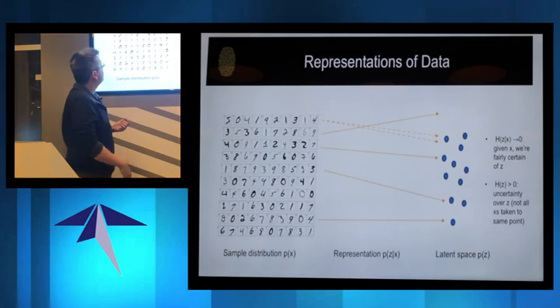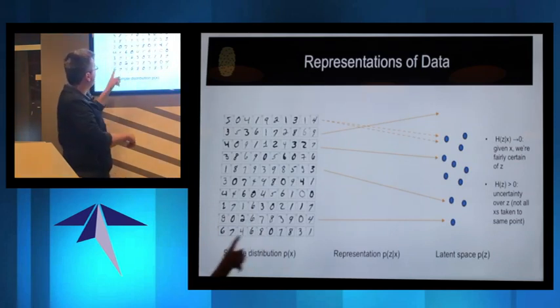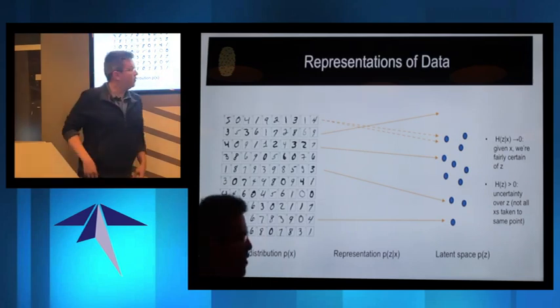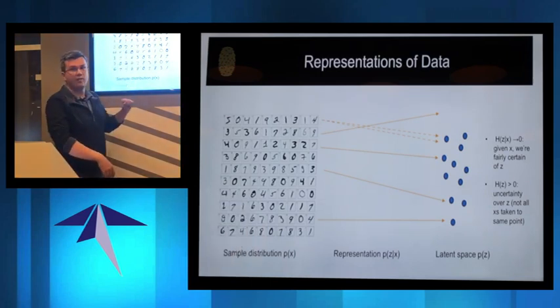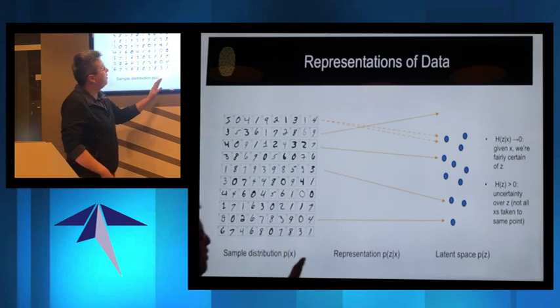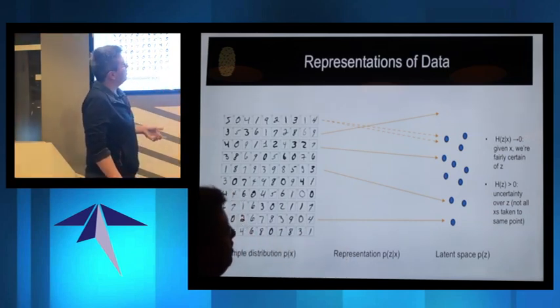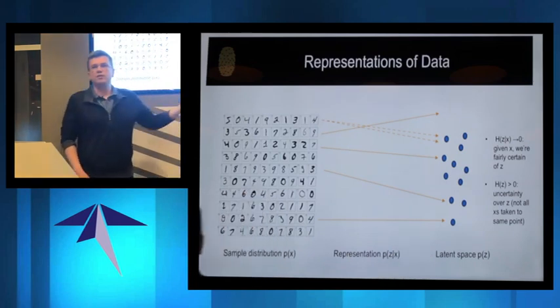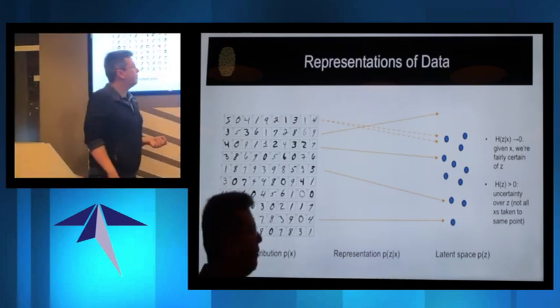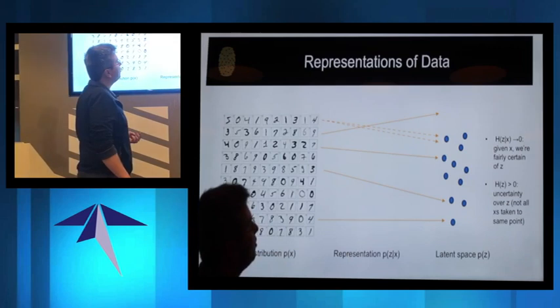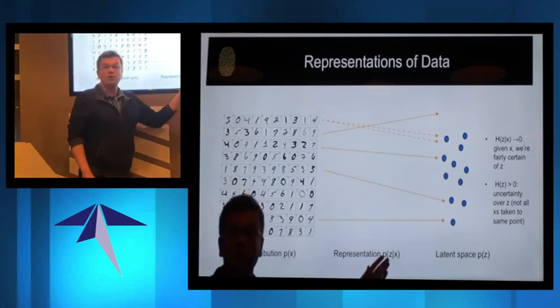This is an example. So we have MNIST over here. Each one of them is an independent sampling of the MNIST problem. We don't know the underlying process, and what we're trying to do is find a way to take every one of these pictures, potentially with their labels, to some number or some vector in some latent space. That's the representation. And we want the conditional entropy to be small, to go to 0.